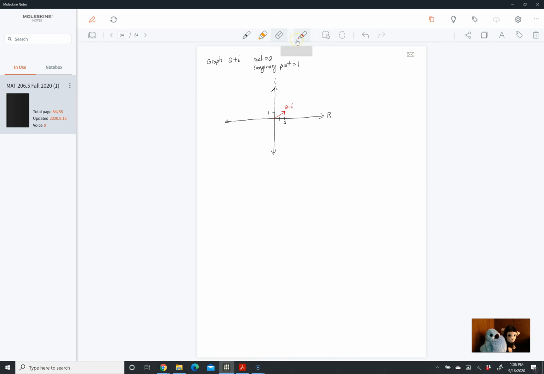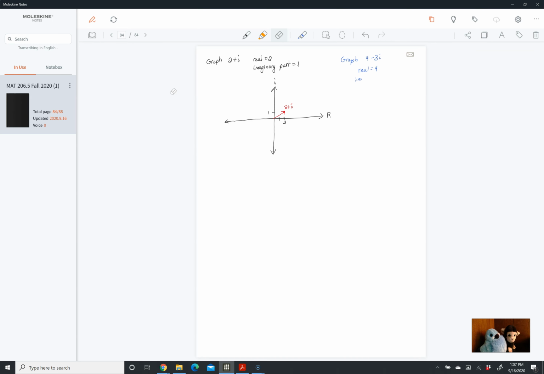Now if we graphed 4 minus 3i. Well, now our real part is 4.